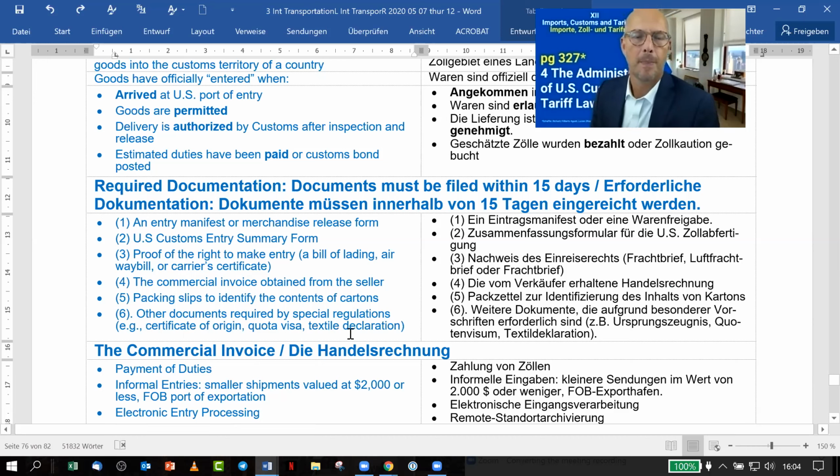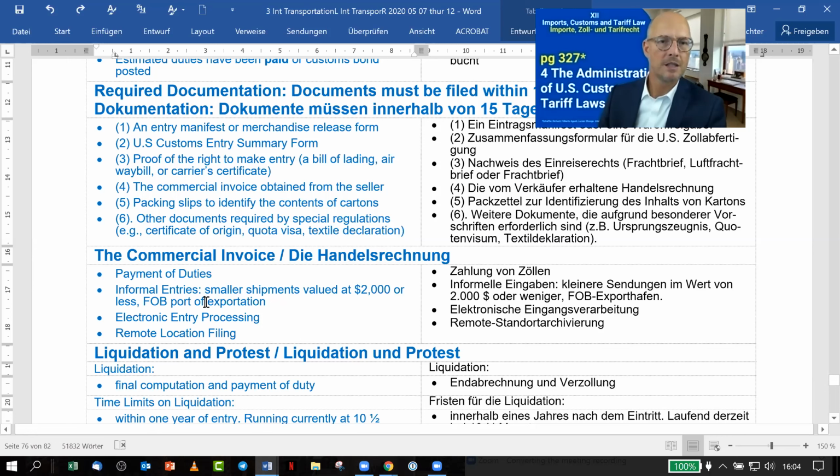A commercial invoice is, you could see this here, what the seller is giving you, and it says something about who paid the duties. And sometimes we don't need this. We don't need this commercial invoice, for example, in the United States, if the value is $2,000 or less, or if we have an FOB port of exportation.